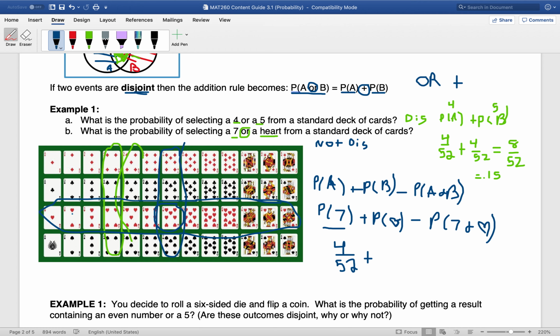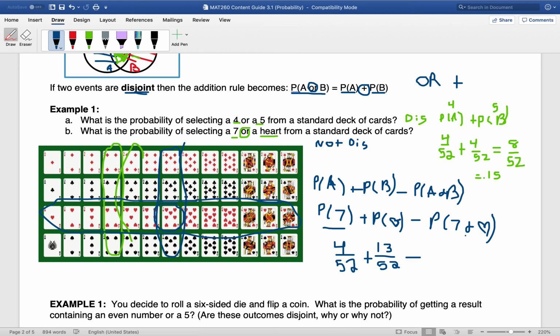So if you count these, 1, 2, 3, 4, 5, 6, 7, 8, 9, 10, 11, 12, 13. There are 13 out of 52. Or if you know your cards, you can use 1/4. That's how many suits there are. So 1 out of the 4 suits are hearts. But we'll do 13 out of 52 to make it easier.